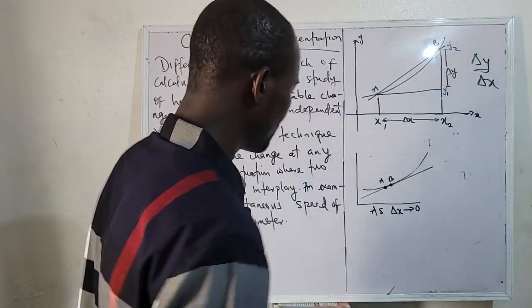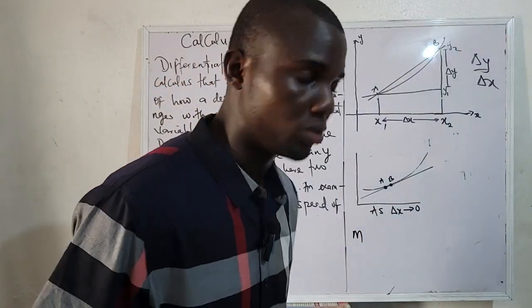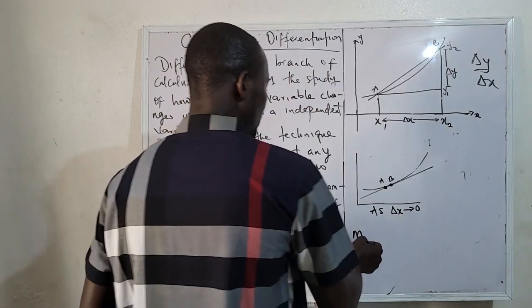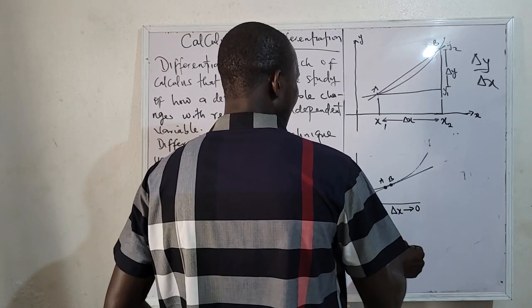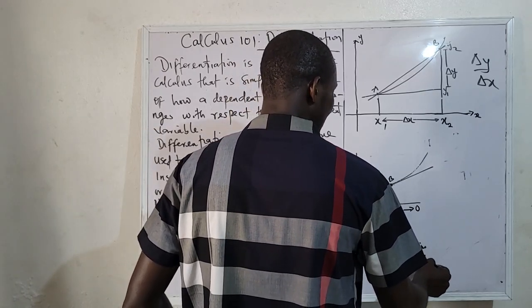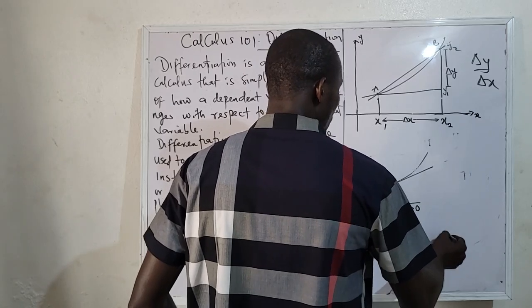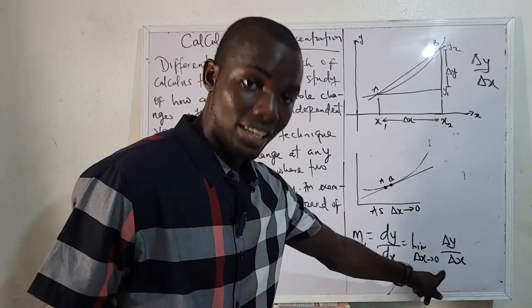Like I mentioned, this m is a function of x actually, and will now be equal to dy over dx, and this is the limit as this change in x approaches 0 of dy over dx. That is the implication of that.